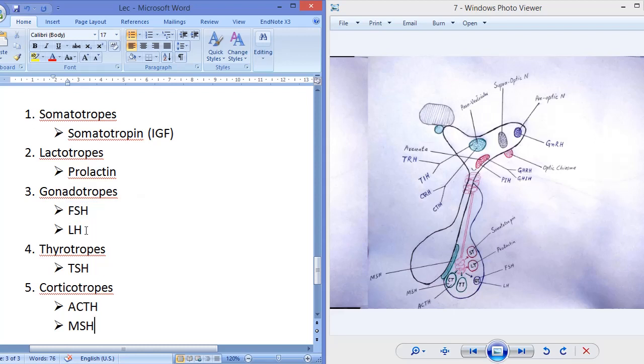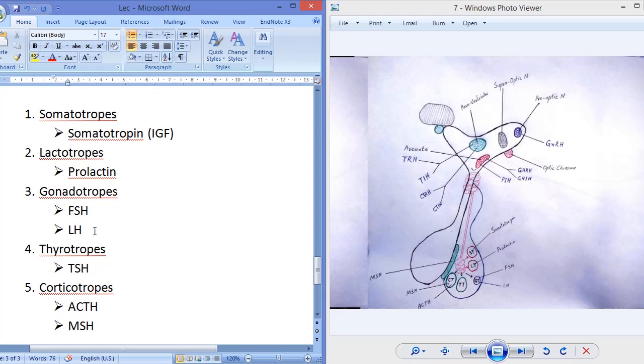Similarly, the luteinizing hormone is responsible for ovulation, the release of ovum from the oocytes. This is also responsible for the development of corpus luteum after the ovulation.